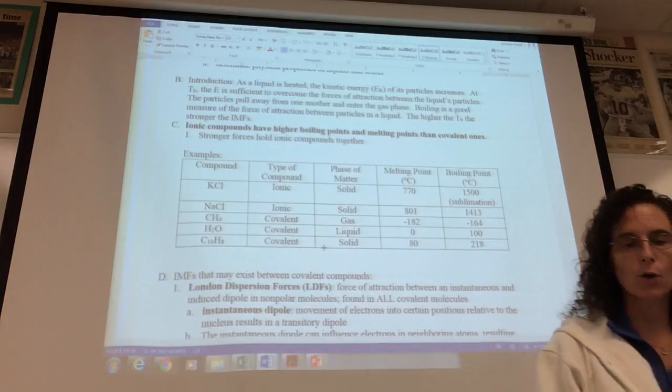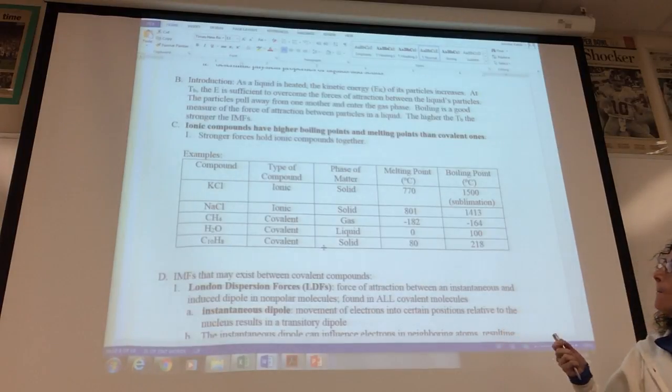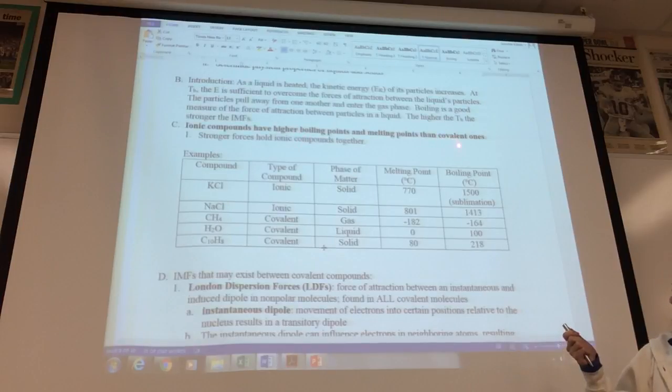And what we have noticed, for example, is that if we compare boiling points of ionic substances with covalent ones, for example, potassium chloride and sodium chloride are both ionic substances, methane, water, and a hydrocarbon here are covalent substances.